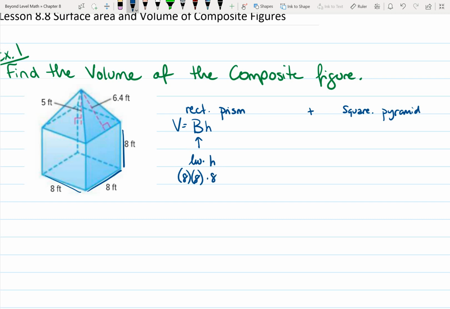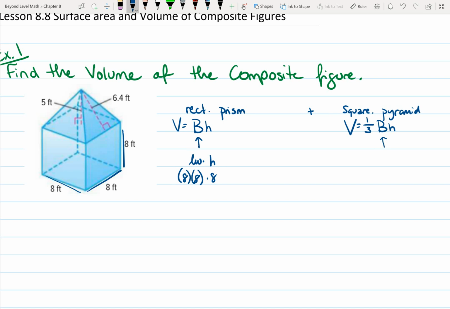All right, and then I'm going to go over to the square pyramid. Since it is a pyramid, the formula is not the exact same. It's very close, but it's 1/3 area of base times height. And again, go ahead and refer to the formulas in your notebook if need be, if you don't have them memorized.